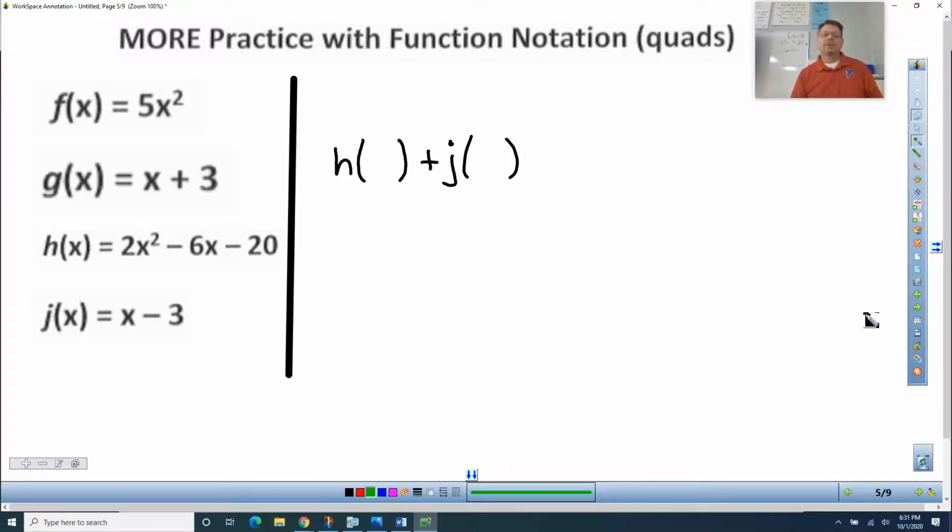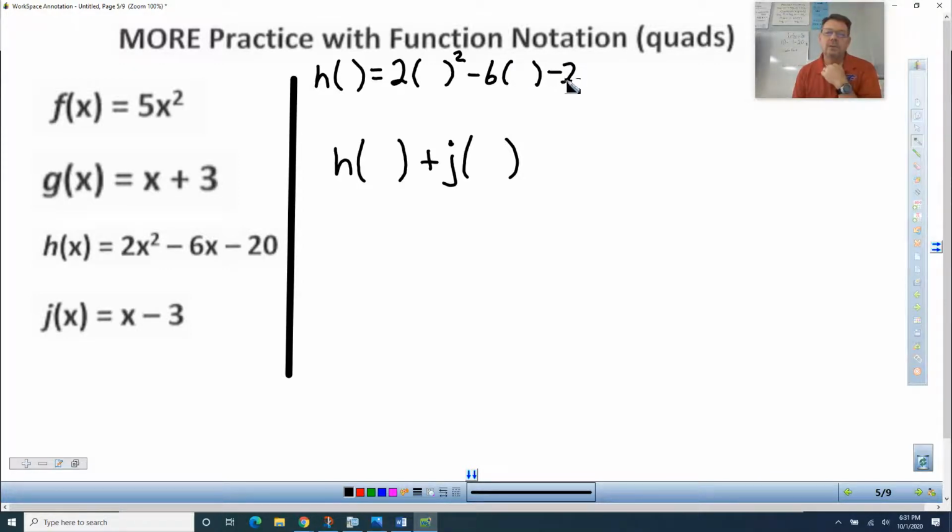Two more. Sorry. All right. So this is going to be a little bit more interesting. So let's start up here with h of something equals 2 times something squared minus 6 times something minus 20.